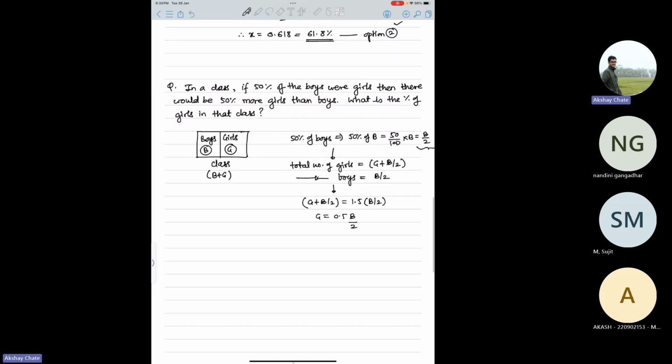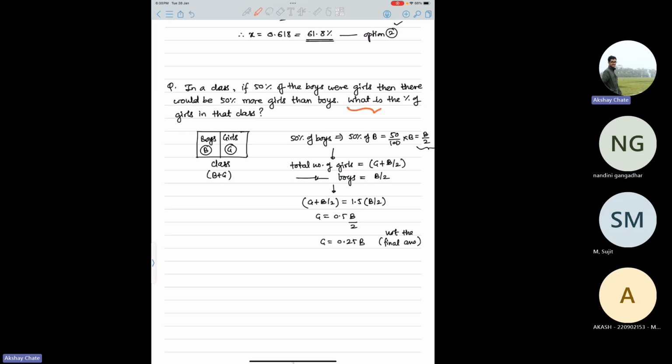Yeah, so this basically means G is 0.25B. So that means whatever is the number of boys in a class, the number of girls will be 0.25 of that. But are they asking this? They are not asking this, right? So this is not your final answer. You should pay attention.